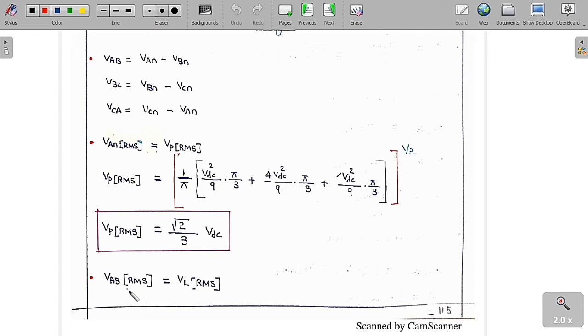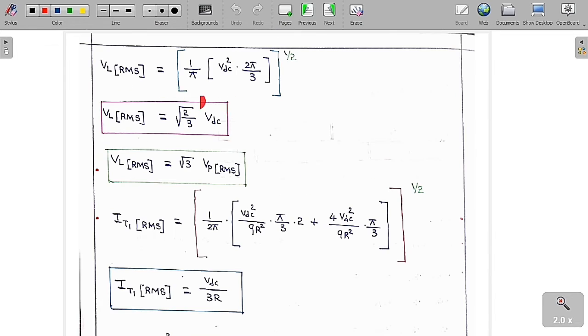And similarly, I want to find the RMS value of the line voltage. So let me take the line voltage VAB and find its RMS value. So the VAB RMS value is the line voltage RMS value. If you try to figure out the line voltage RMS value, VL RMS is equal to square root of 1 by pi VDC whole square into 120 degrees. So this is the case we have to go for.